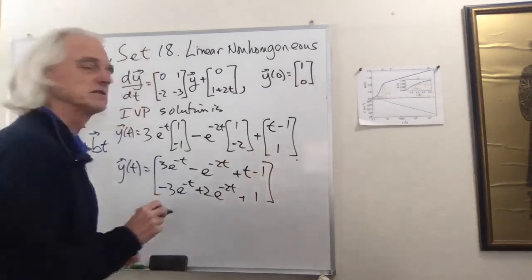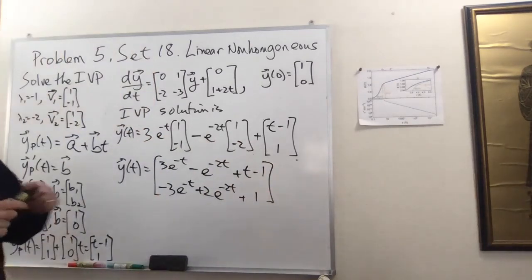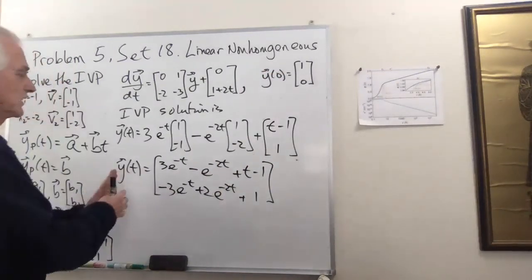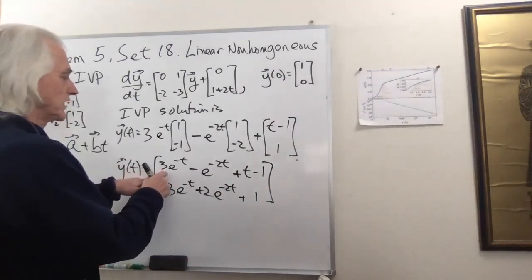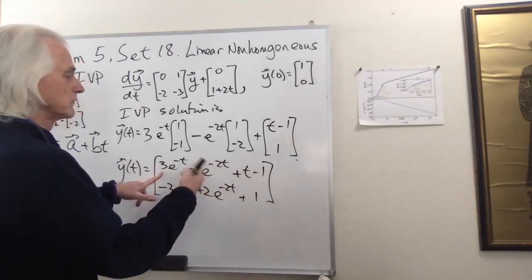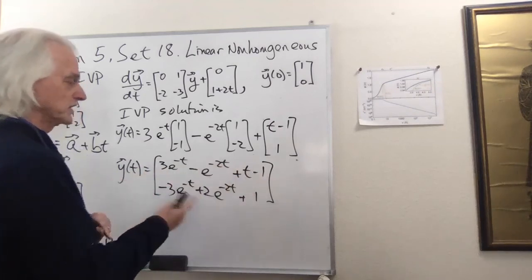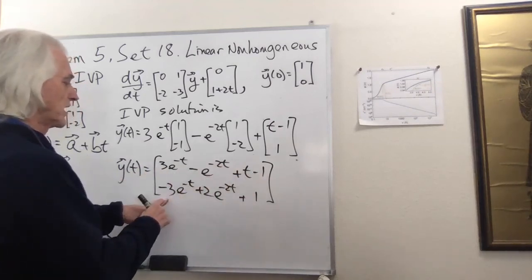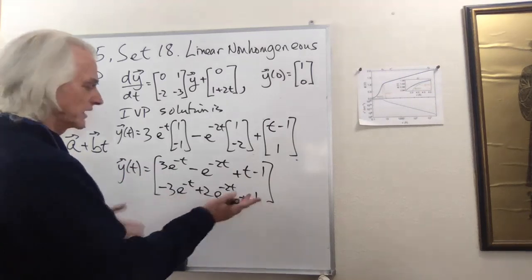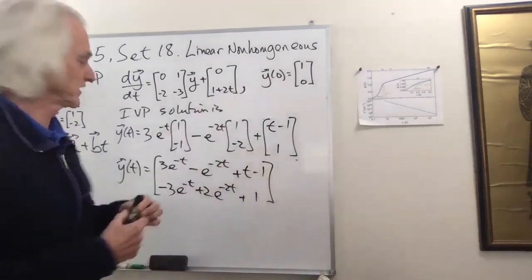All right, so I should probably at least check that it satisfies the initial conditions. When t equals 0, I get 3 minus 1 minus 1. Yeah, I get 1 on the top when t is 0. And on the bottom, I get -3 plus 2 plus 1, I get 0. Yeah, satisfies the initial condition.